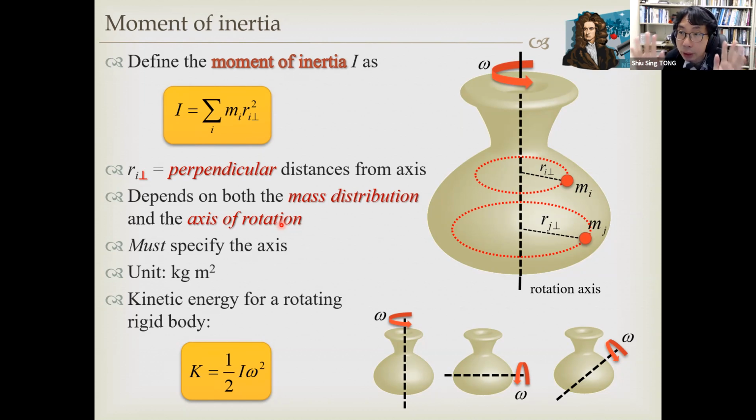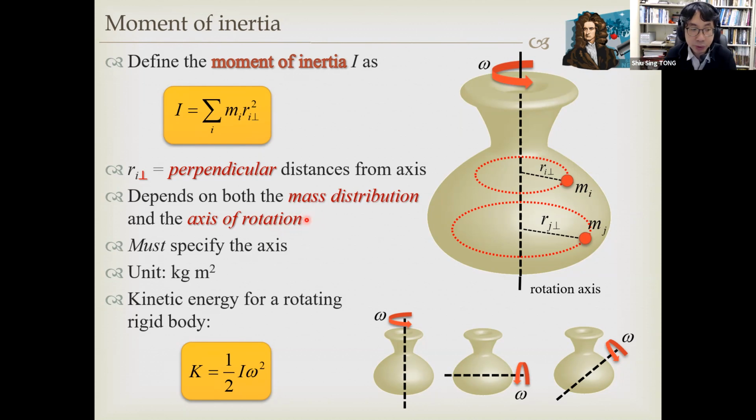If you say this quantity is moment of inertia, you always refer to a rotation about a particular axis. But sometimes the axis may not be inside the body.